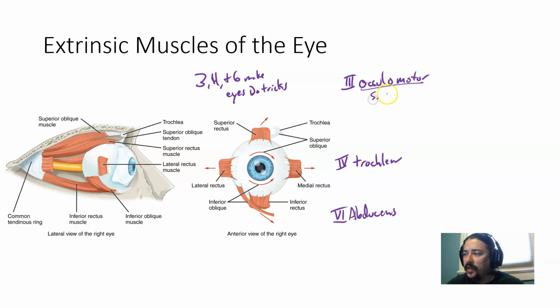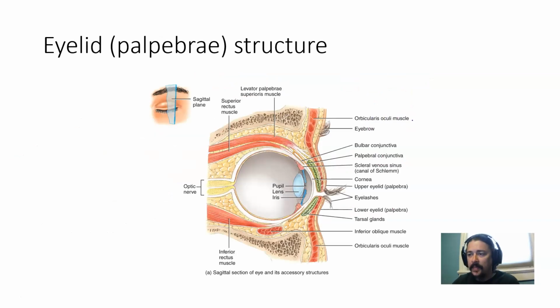All right, this is the one that innervates the superior rectus, the inferior rectus, the medial rectus, the inferior oblique. There's also another muscle, I'll mention it, it's on the next slide. Just above your superior rectus is a muscle called the levator palpebrae superioris.